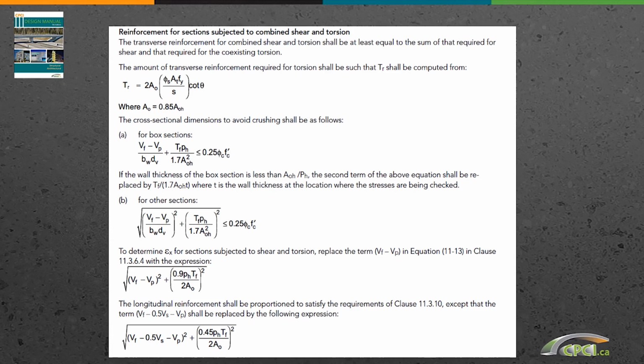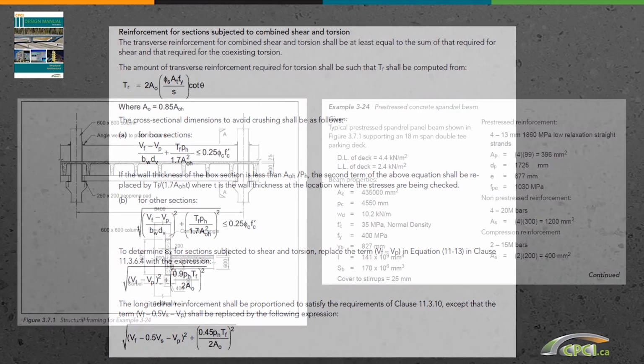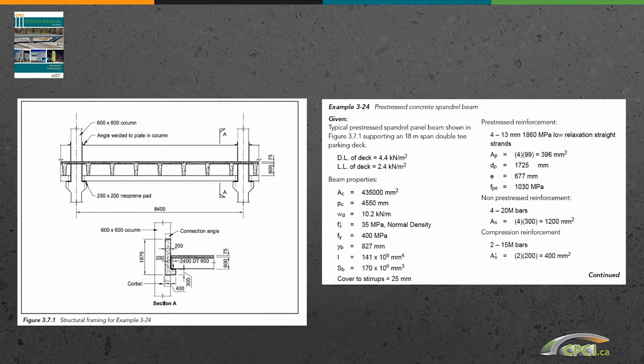So essentially, these two formulae would be used: one to calculate the strain in the cracked section, and one to calculate the requirements if we need reinforcement for the section under torsion. Example: an LT section in a parking garage, or a spandrel, and we have all the loads here.